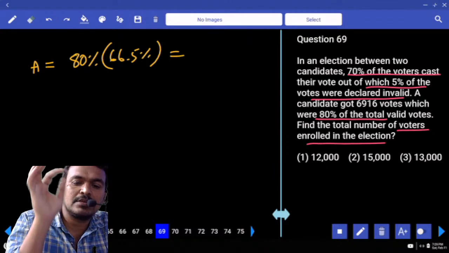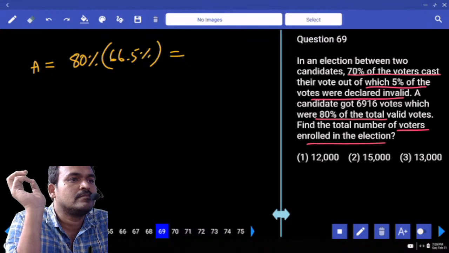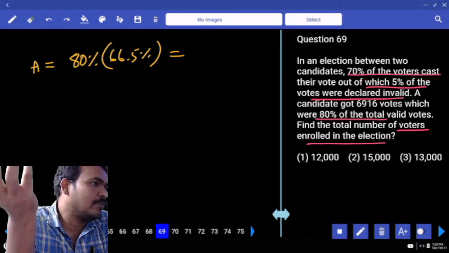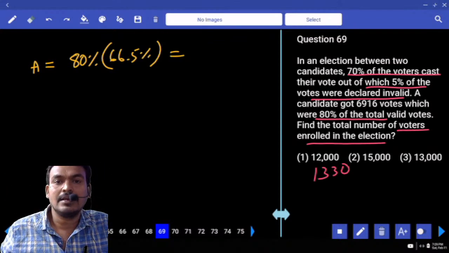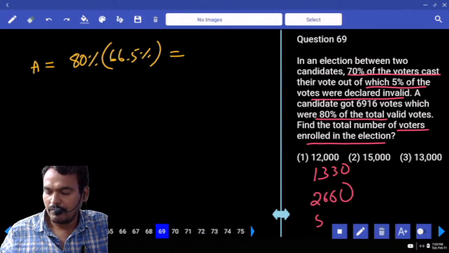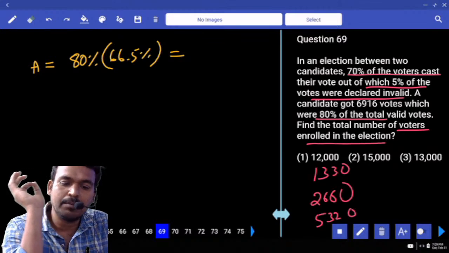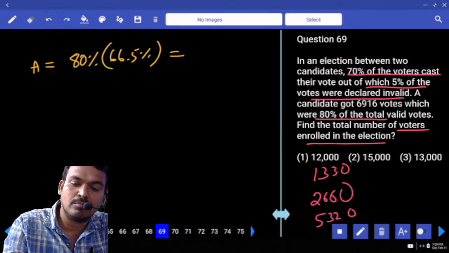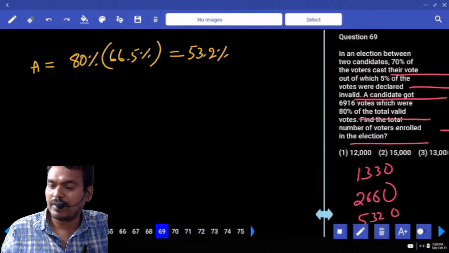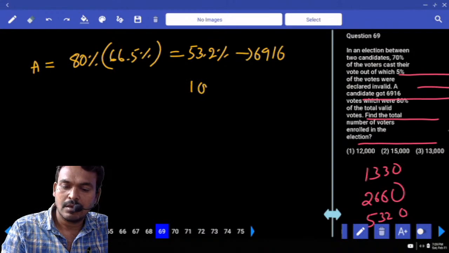What is the 10% of 66.5? 6.65. 20% is 13.30, or 665 double, 1330. 1330 double is 2660. 2660 double is 5320. So 80% of 66.5% we get 53.2%. That is equal to 6916. We required how much percent? 100%.